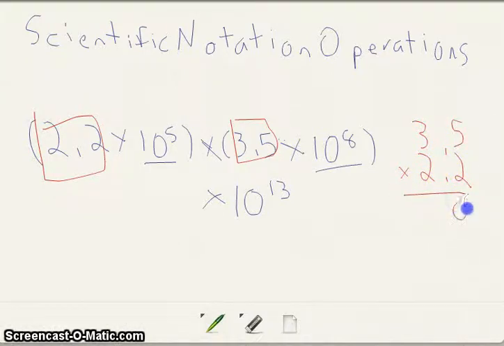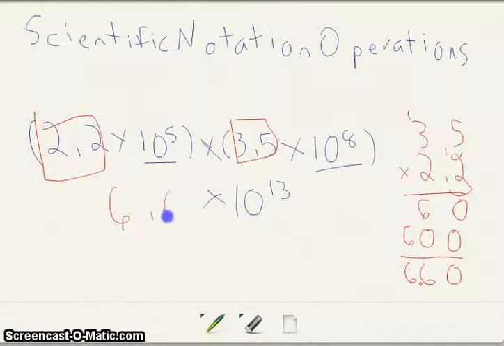So 2 times 5 is 10, carry the 1, 2 times 3 is 6. Now you get the same thing again, that's why I switched it. And then just add, and I get 660. I have two numbers with decimals, so I got 2 digits behind the decimal in the answer. So I have 6 and 6/10 times 10 to the 13th.